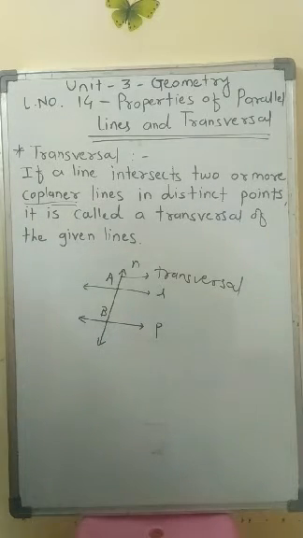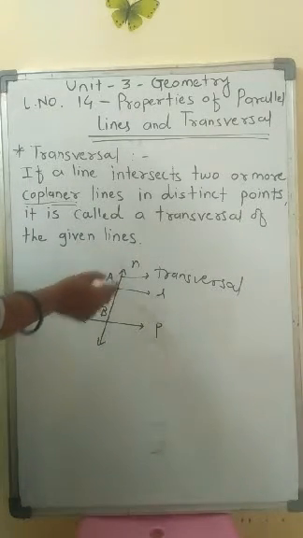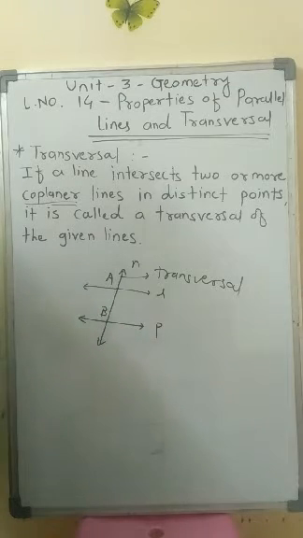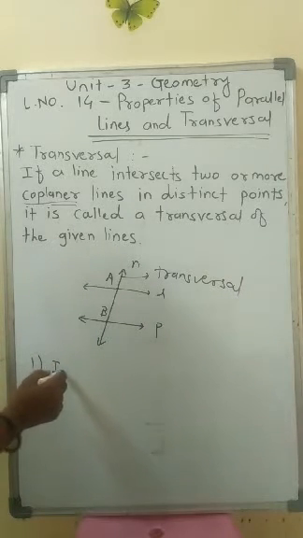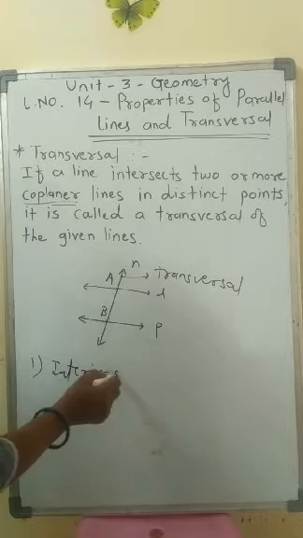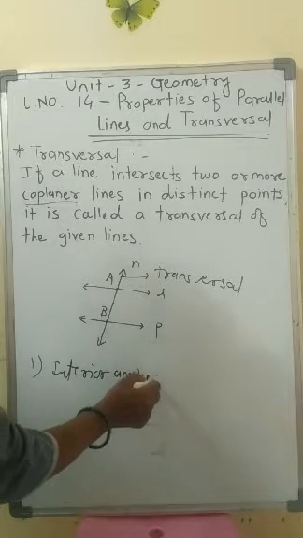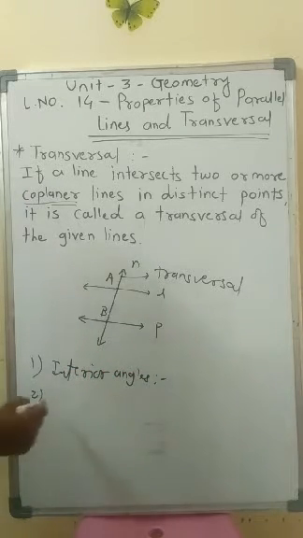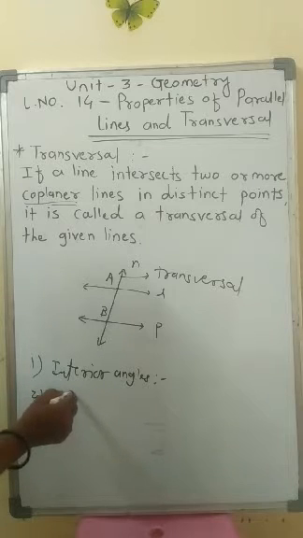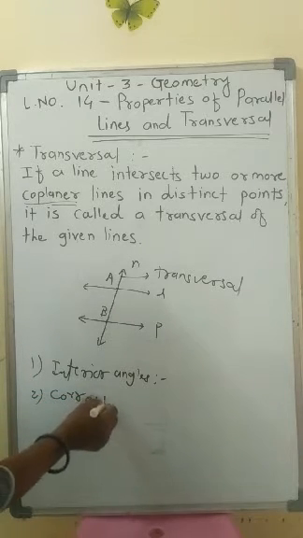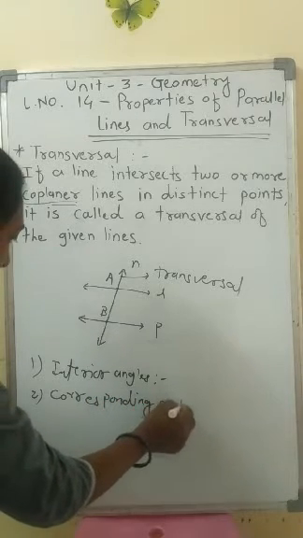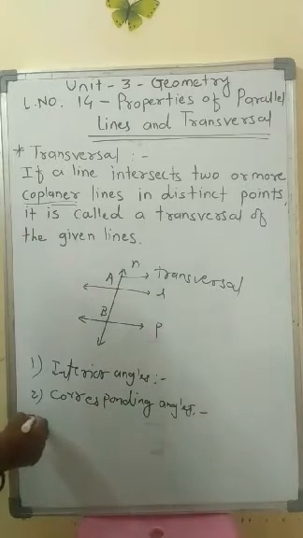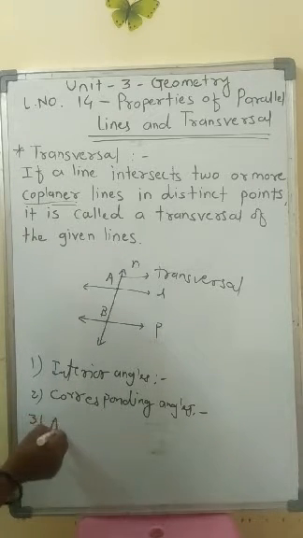After this, when the transversal is cut by two parallel lines, some angles are formed. First of all, interior angles, second one is the corresponding angles, and third one is the alternate angles.